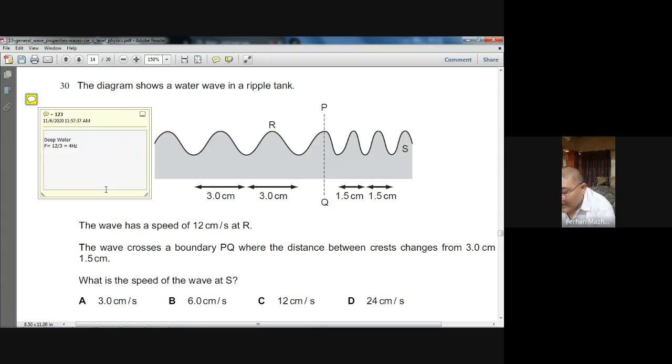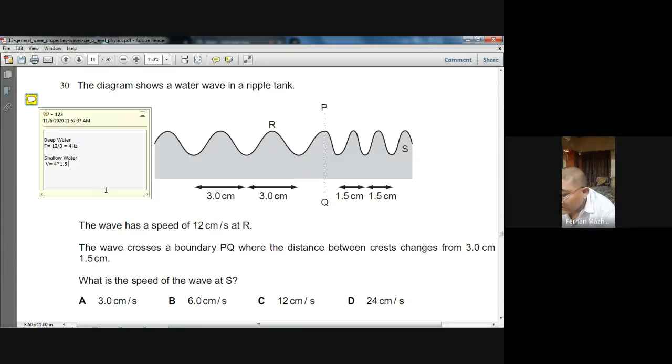Now the water wave entered into the shallow water. In the shallow water, the one thing which will not change is the frequency. I know the wavelength. The wavelength in the shallow water is 1.5 centimeter. So by applying the wave equation, V equals f lambda. So V equals frequency, that is still 4 hertz, the frequency does not change, multiplied by lambda, which here is 1.5.